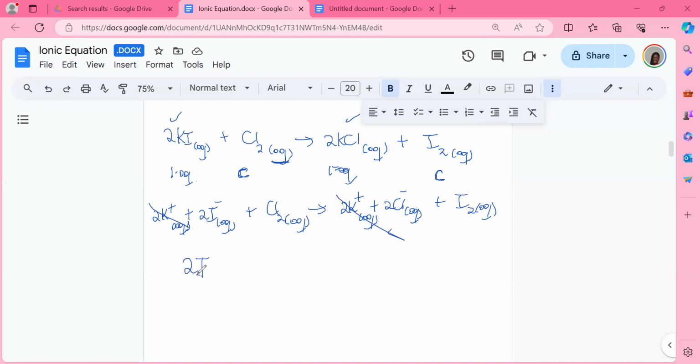So it's 2I minus aqueous plus Cl2 aqueous produces 2Cl minus aqueous and I2 aqueous.